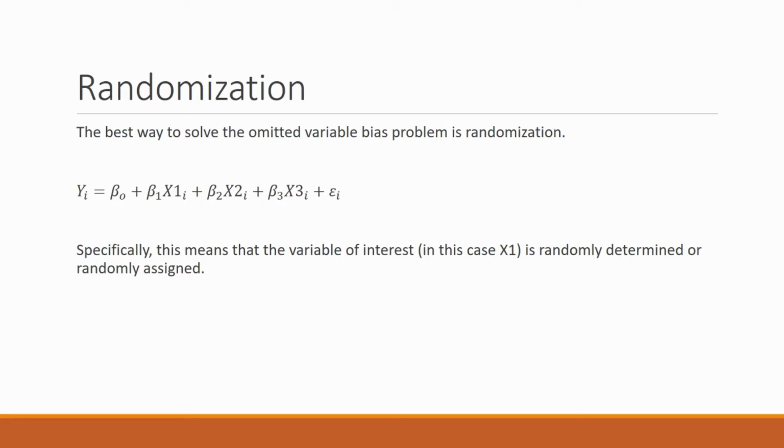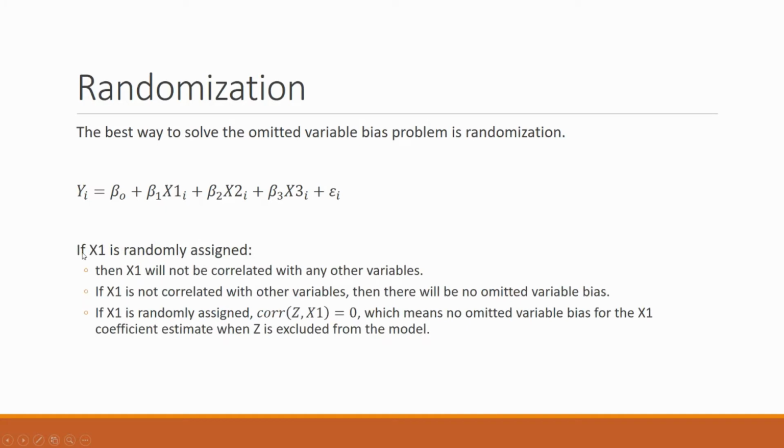The best way to solve the omitted variable bias problem is randomization. Specifically, this means that the variable of interest, in this case x1, is randomly determined or randomly assigned. If x1 is randomly assigned, and I'm going to talk a little more about what I mean by that in a minute, then x1 will not be correlated with any other variables.